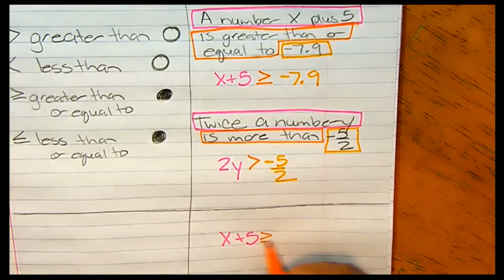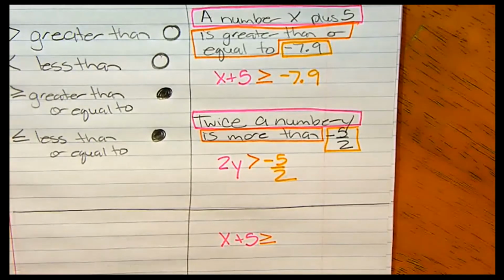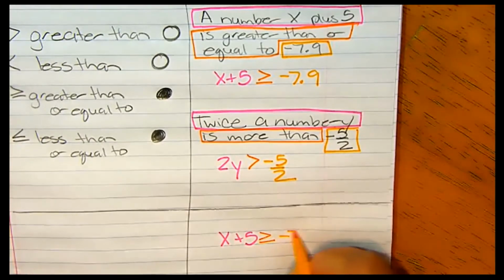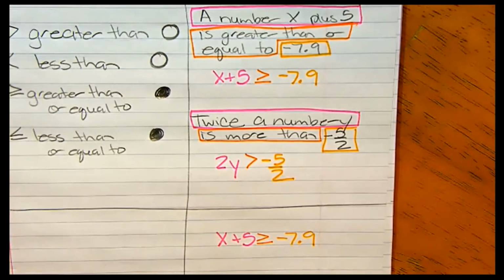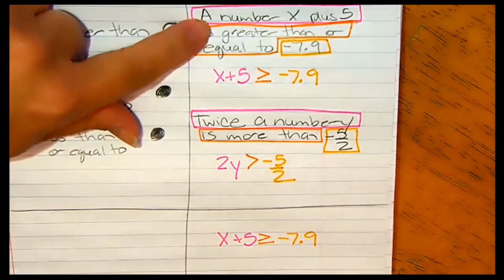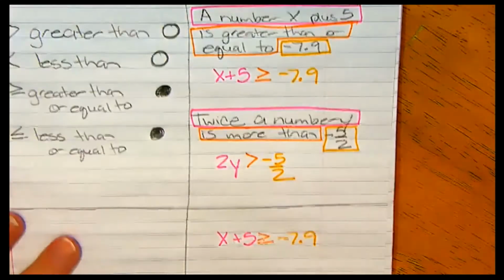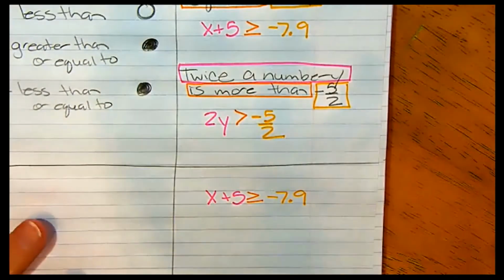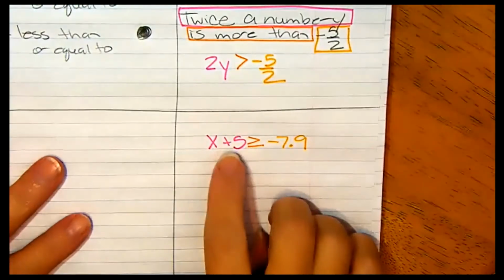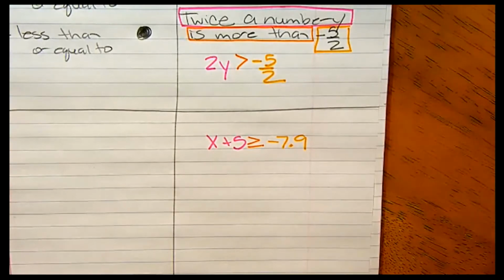We're going to use the same rules and solve this just like we would equations. Okay? So we turned the words into a number sentence. Now we need to solve this number sentence and graph it.